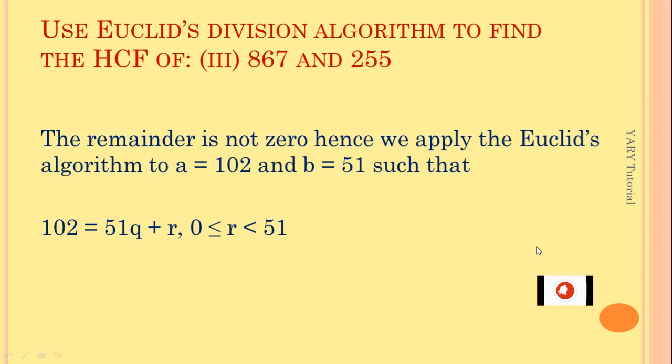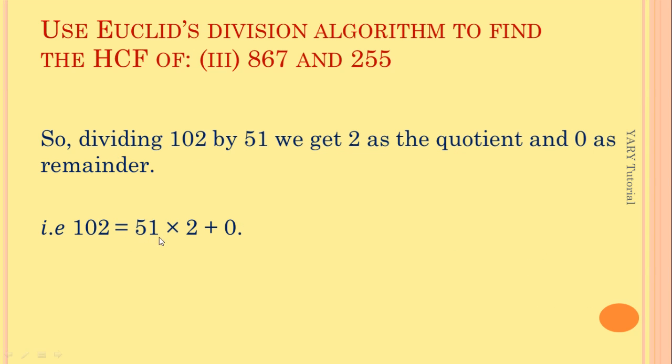When we divide 102 by 51, we get 2 as the quotient and 0 as the remainder. That is, 102 is equal to 51 into 2 plus 0. Since we got 0 as the remainder, we will be stopping and we will be finding the HCF.